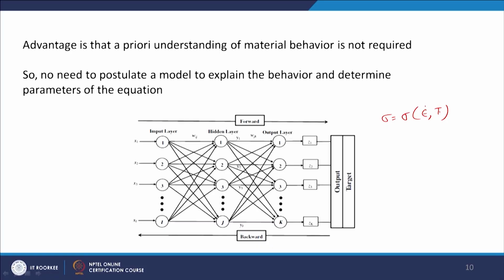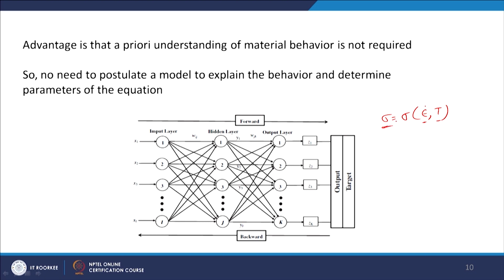What we are doing is inputting, for example, in our case, if it is a steady state condition, my strain will not come in the picture. So, I am inputting the stress at different strain rate and temperature. So, strain rate and temperature are your input, and the output is your flow stress.